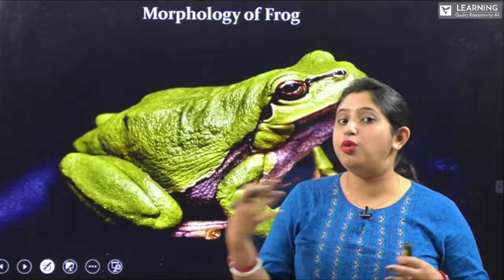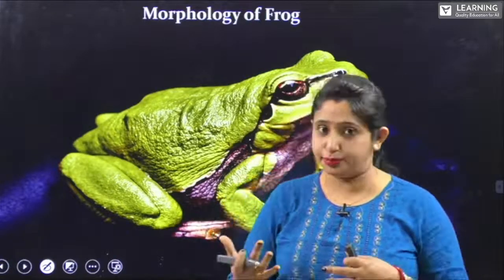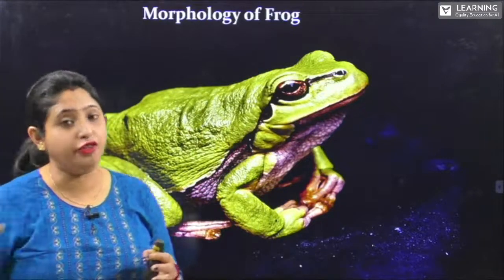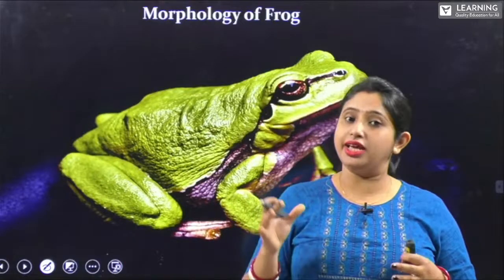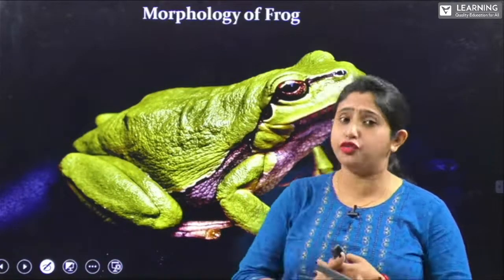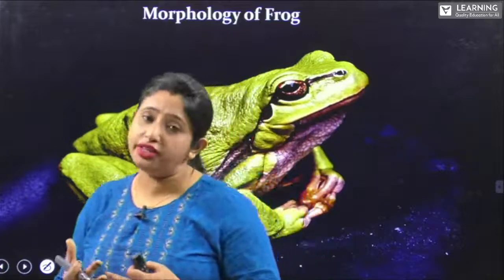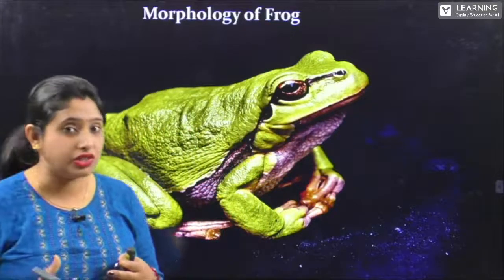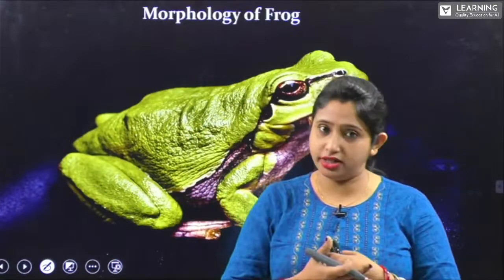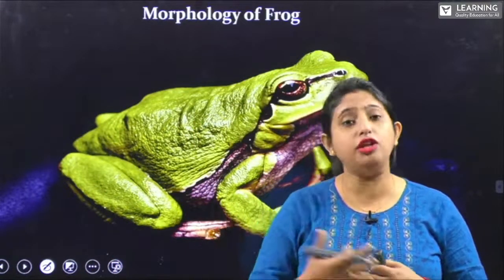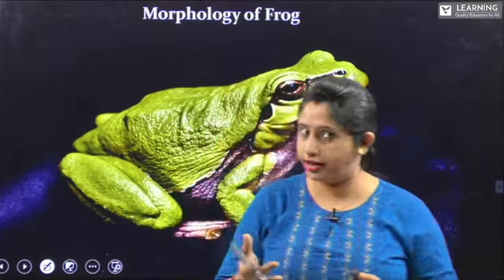They are amphibians, so they can live both on land and in water. The frog has a head and a trunk, but does not have a neck and tail. Frogs are amphibians, and they belong to the phylum Chordata.